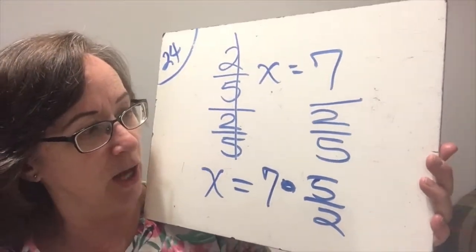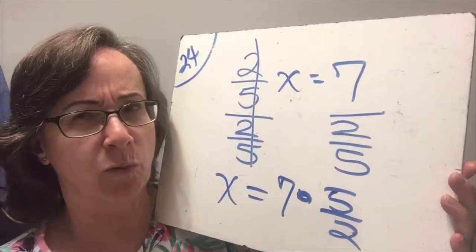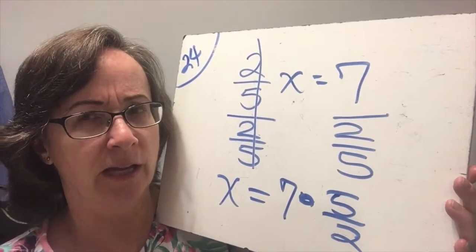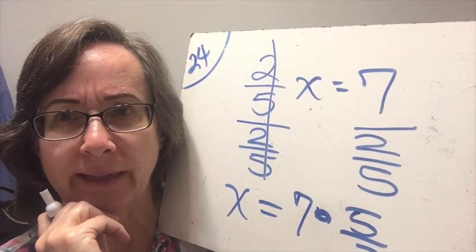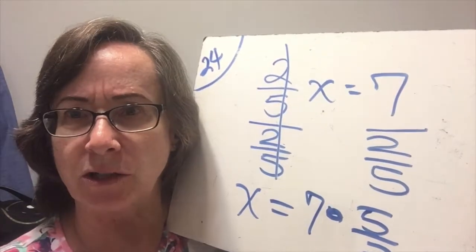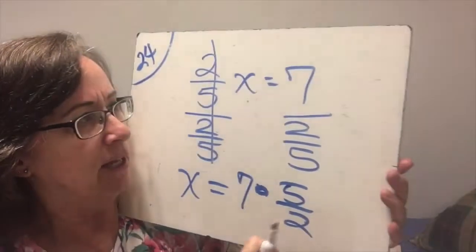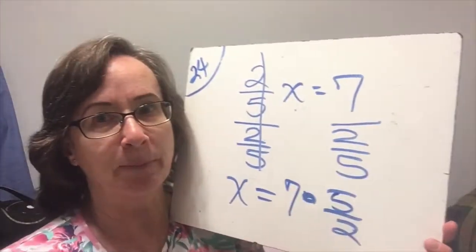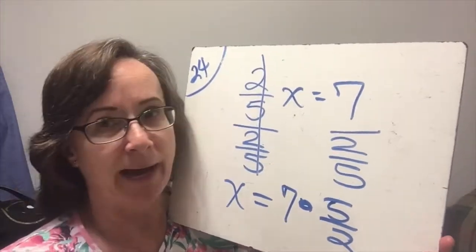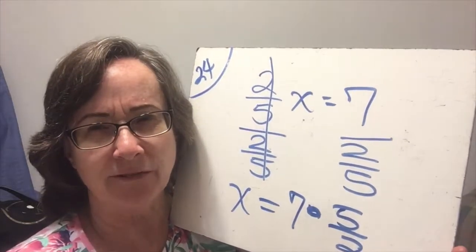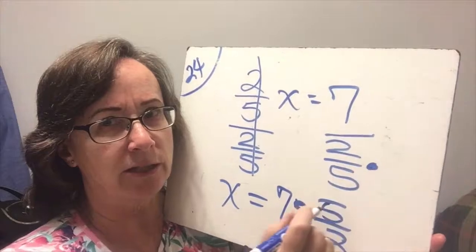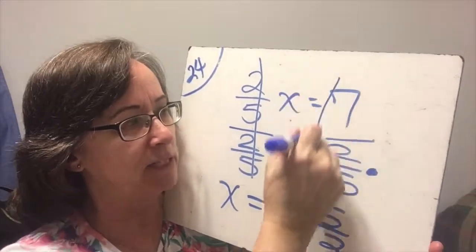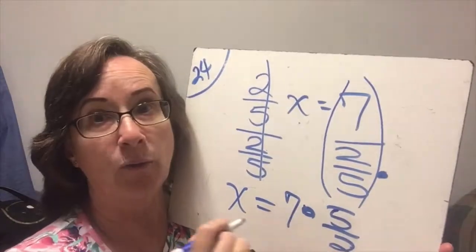Okay, so I'm going to show you why that's true. I was an old woman before somebody showed me why that was true. I'm going to show you right now. Okay, so here we had 7 divided by 2/5. But I don't like having a fraction in the denominator. So I am just going to, remember, I can multiply this fraction by 1.